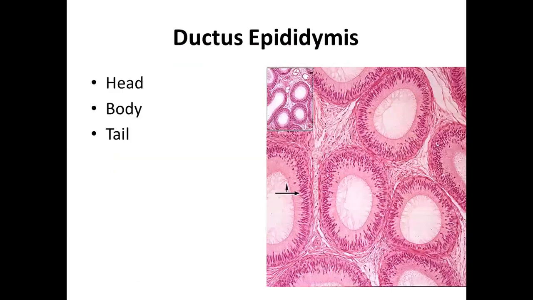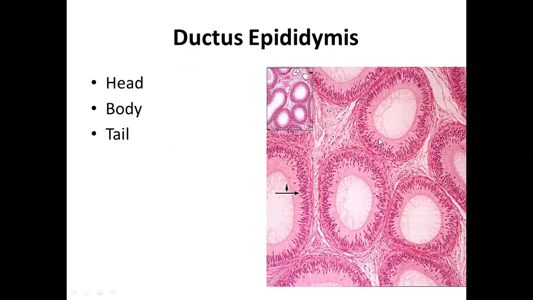And now the next level of duct, which is the ductus epididymis, which consists of 3 parts: head, body, and tail. The histological features of all these 3 components are the same. They are lined by pseudostratified columnar stereociliated epithelium.